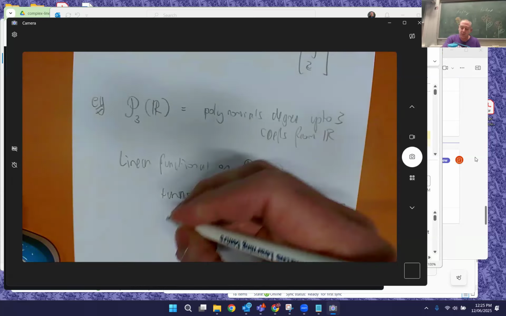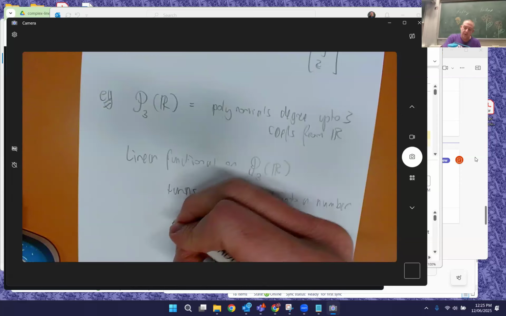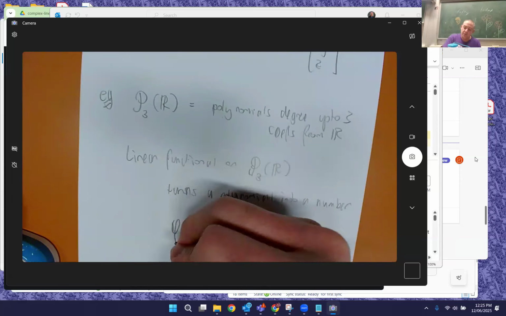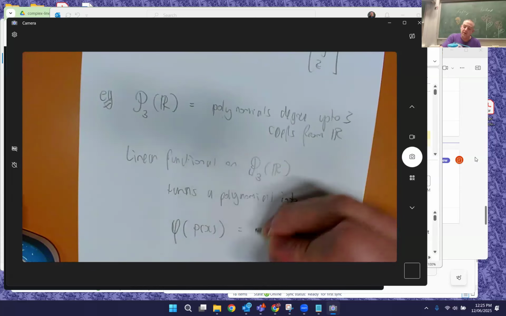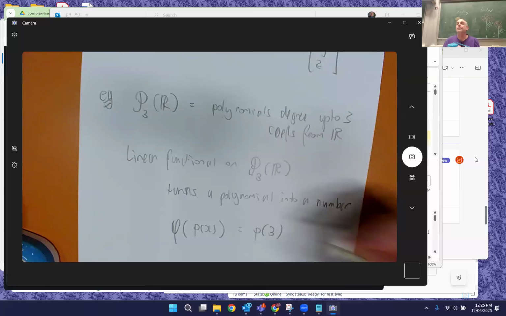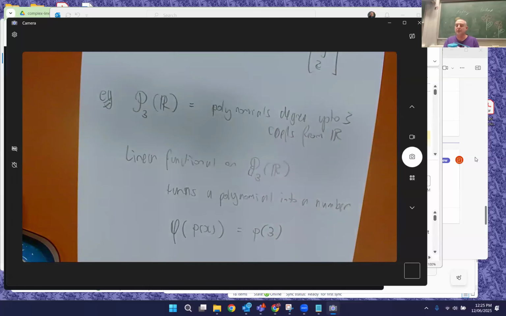So, for example, the action you perform on a polynomial p(x), which subs 3 into that polynomial, is a linear functional.